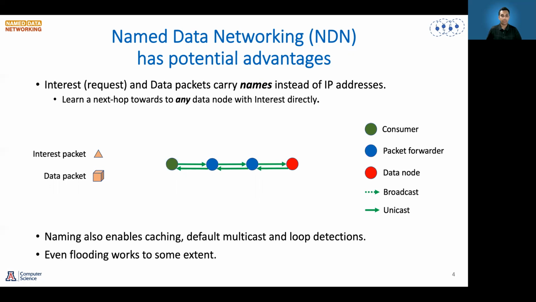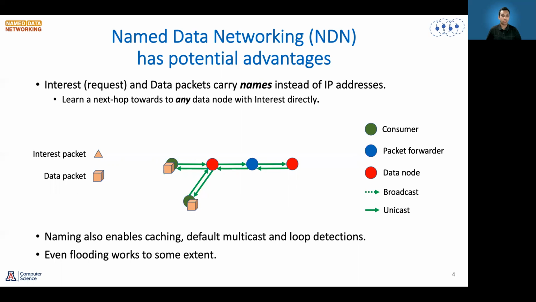Naming also enables caching, where a middle node can serve data from cache. It also provides default multicast, where one data can serve multiple consumers, and loop detection is also built in. However, these features are absent from default IP-based routing.